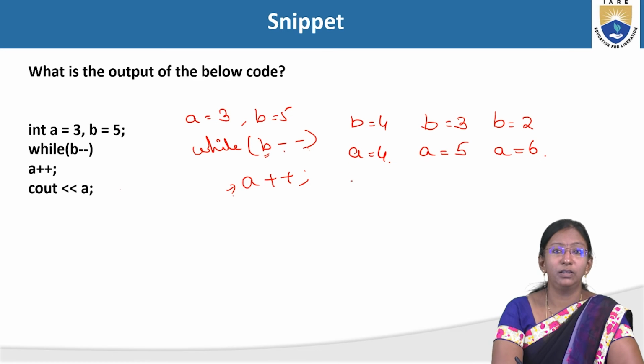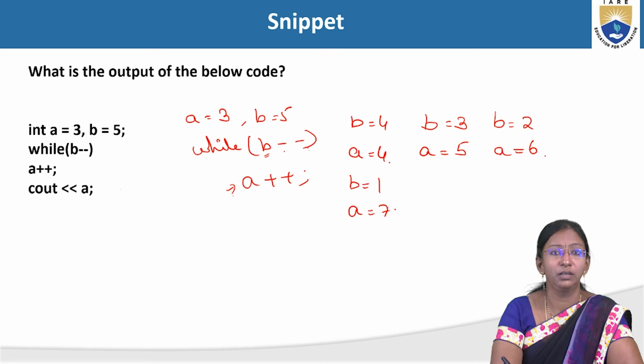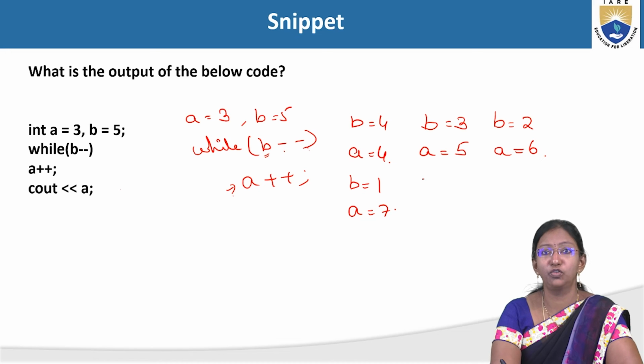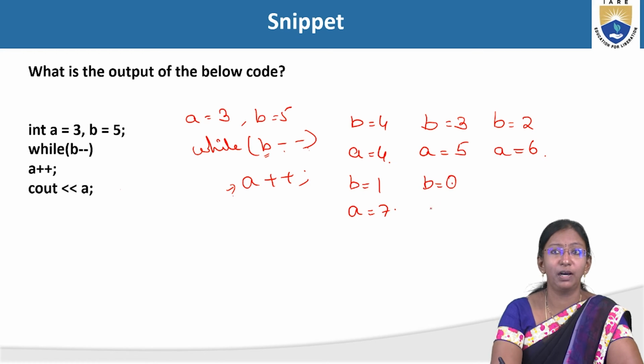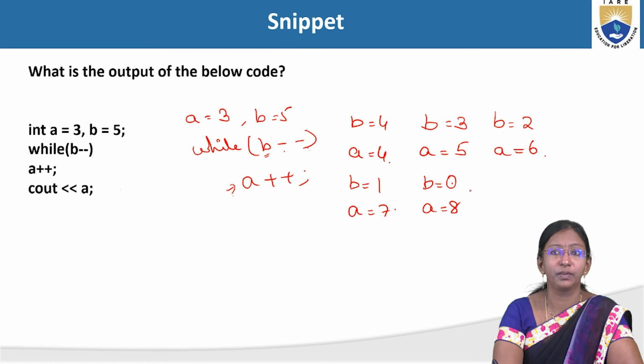Now again the loop starts. What is the value of B? It is 2. Very good. It decrements itself and A is 7 now. Again the loop starts. What is the value of B? It is 1. It is true. So next, decrement the value of B, increment the value of A, 8.